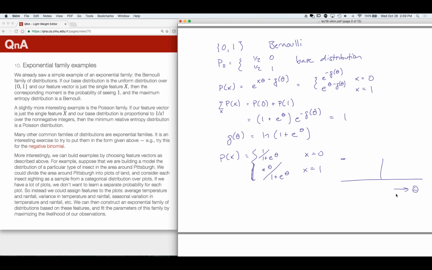If theta is very large, e to the theta will be very large, and this will be essentially 0. If theta is 0, e to the 0 is 1, and so this will be a half. So we know it'll go through a half, and we'll get something that looks vaguely like that. And so we'll be able to get every probability between 0 and 1 by taking theta to be something between plus and minus infinity.